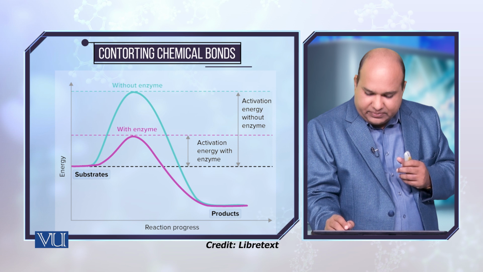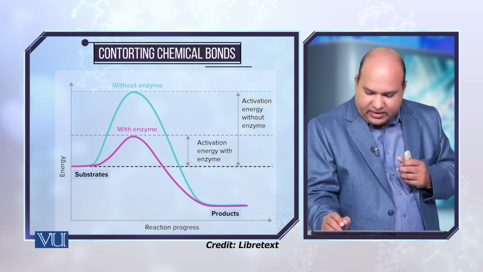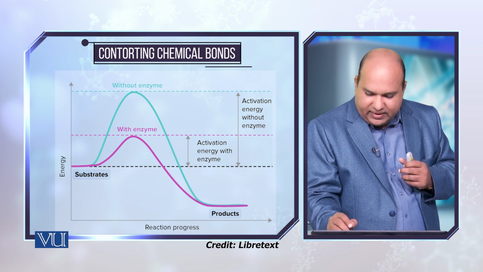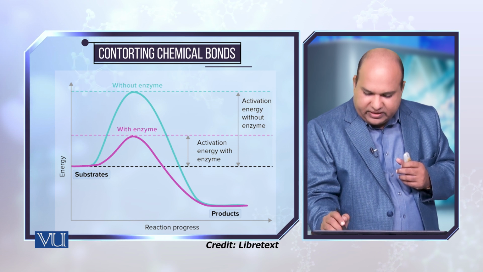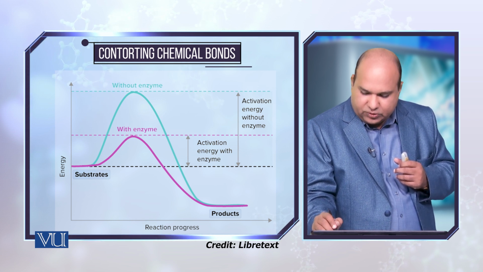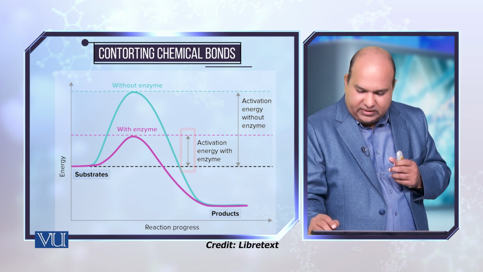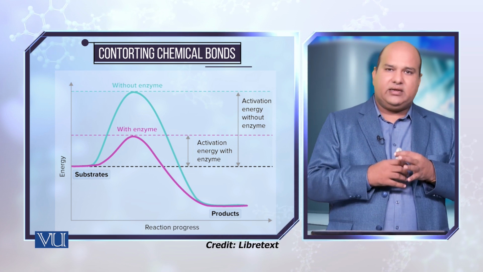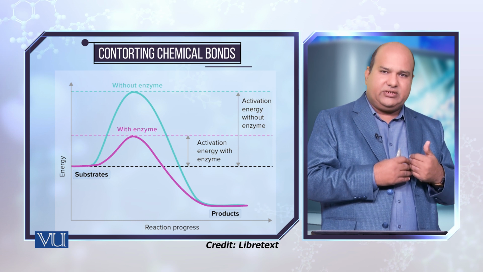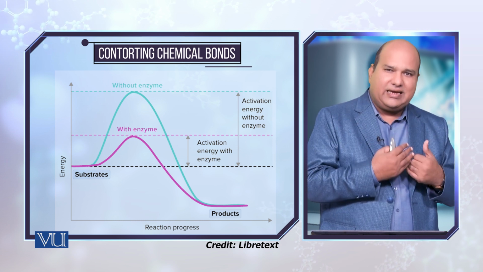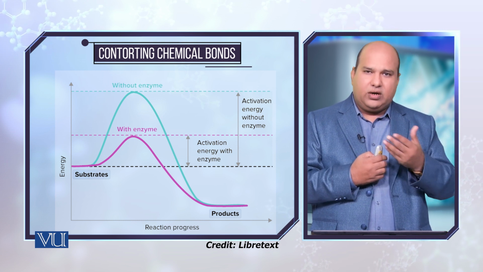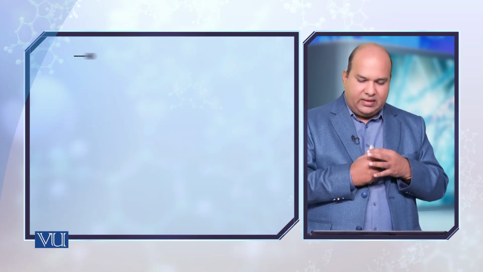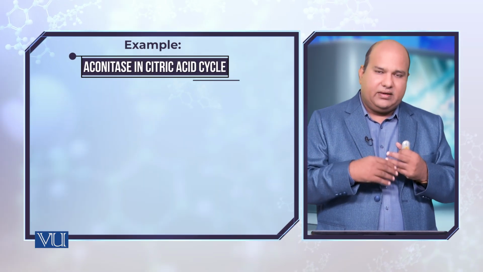So when you add this reddish line, or purple line rather, it shows that when you have the enzyme, the activation energy is lowered, and this difference shows how much the activation energy is lowered. This shows how, by lowering the activation energy, the enzymes make the reaction occur more successfully and more effectively.